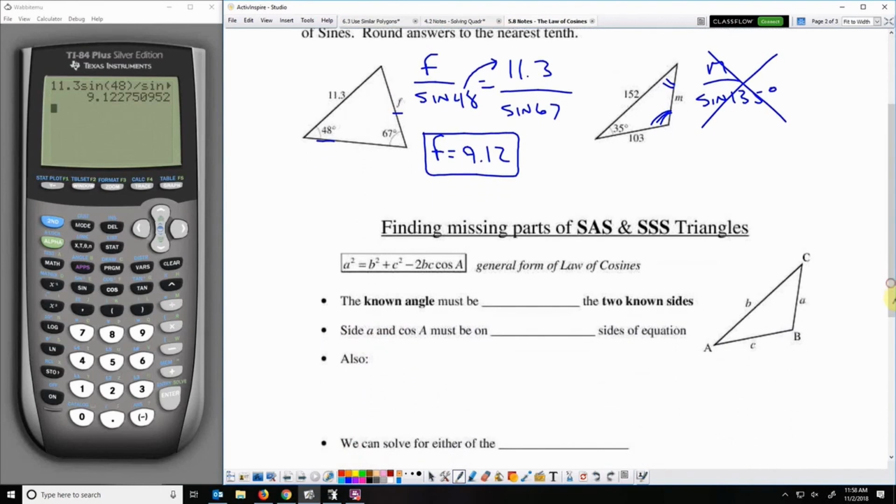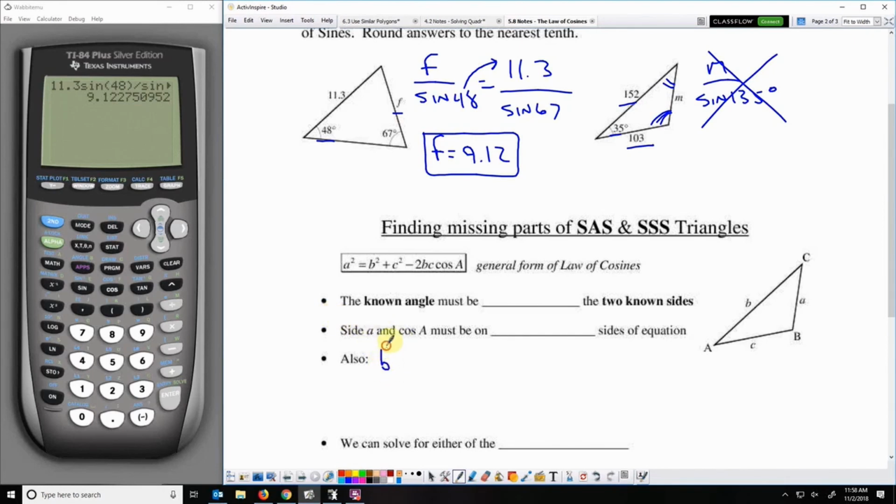All right, so when you have side, angle, side, which is what we had up here, or if you have side, side, side, you can solve that triangle using the law of cosines. a squared equals b squared plus c squared minus 2bc cosine a. So that's the general form. It can also be used to find b or c.